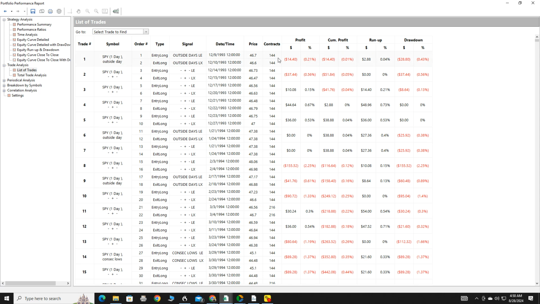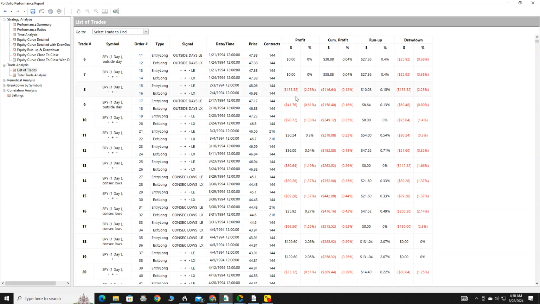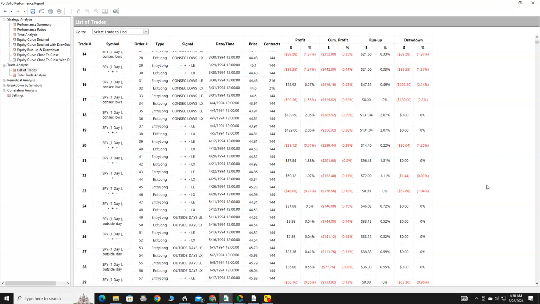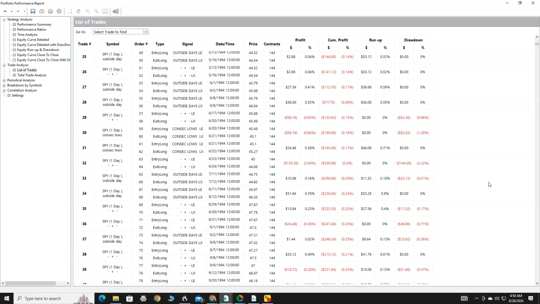As you notice, our base position is 144 shares. When we get to 3 losses in a row, it increased by 50% of 144 shares. Since we got a profit, it then goes back to the base position again until we get 3 losses, which we did, increased by 50%, got a gain, went back to our base position. And on that goes.